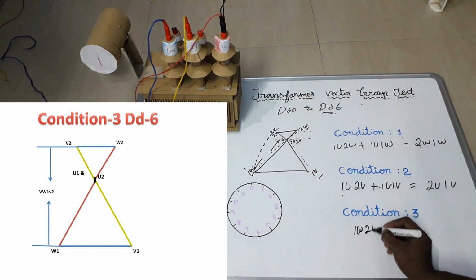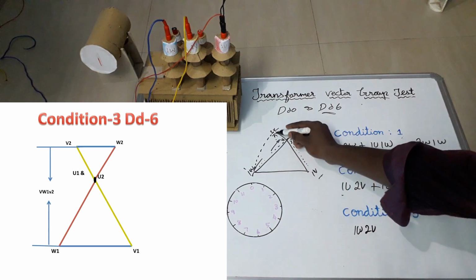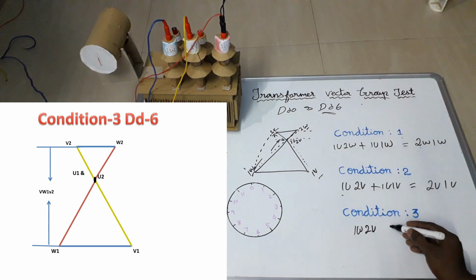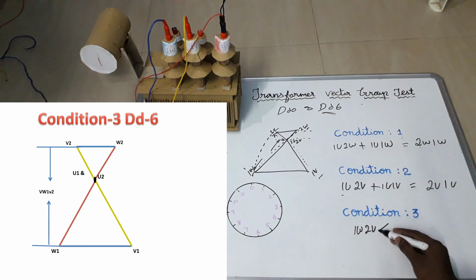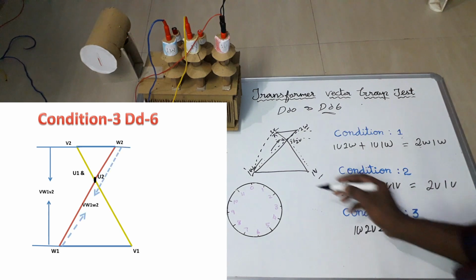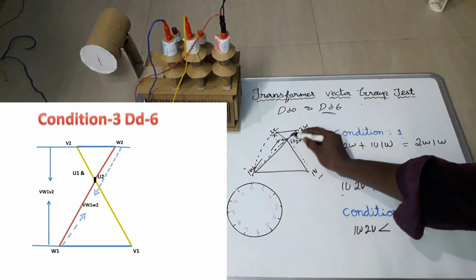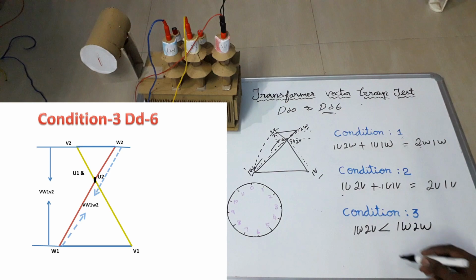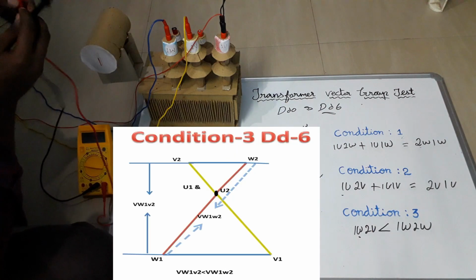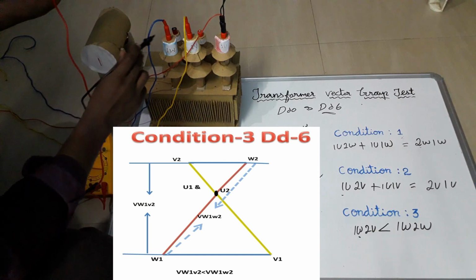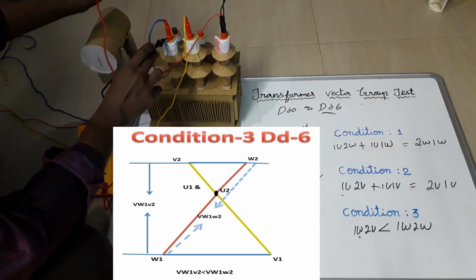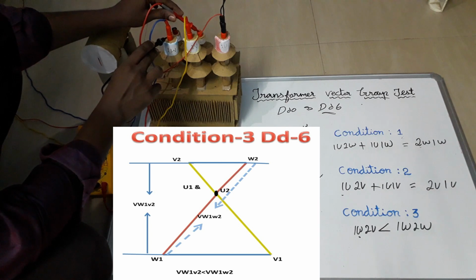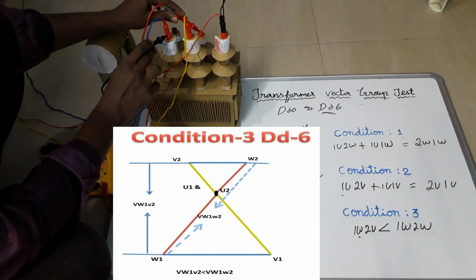In condition 3, we have to check 1W 2V, from here to here. This should be lesser than this 1W 2W value. This value should be lesser, this should be greater. We have to check 1W 2V, that is HV side W phase voltage, LV side Y phase voltage.